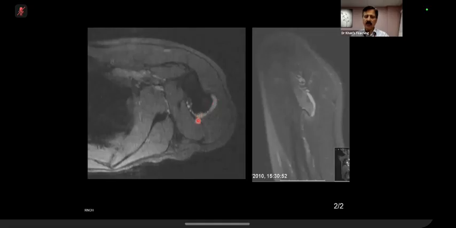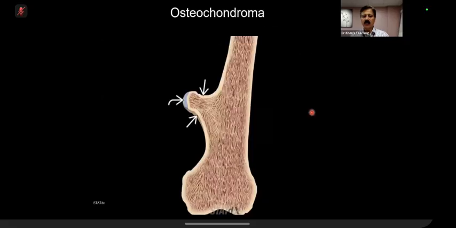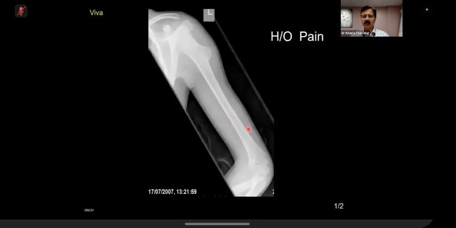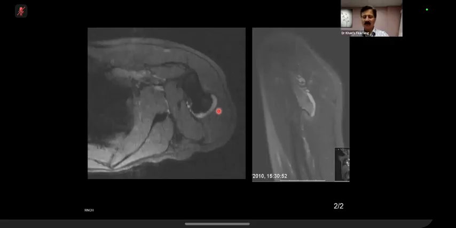We are talking about thickness, this and this. This axis we are not bothered. Thickness, the bone is here and this is the cap. So if I go back, you see this is the cap. So we are just talking about the thickness, and this thickness is less than 2 centimeters. 1 centimeter. Yeah, and this is a benign lesion, so there is no malignant transformation.